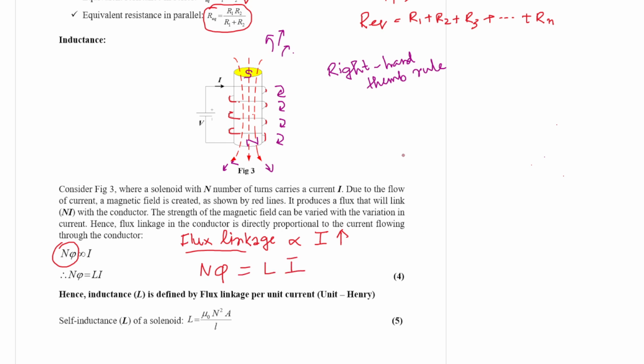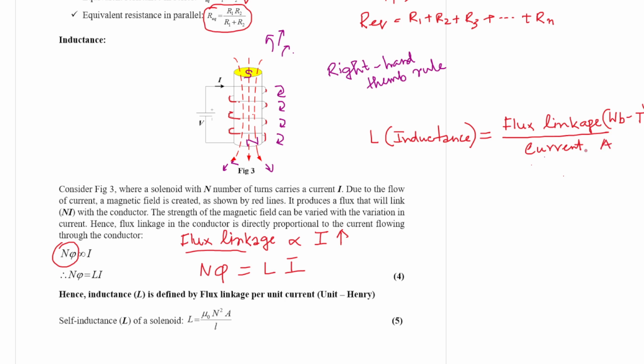So inductance is basically defined by flux linkage per current. The unit of flux linkage is Weber turn and the current is in ampere, and the most practical way of representing inductance is in Henry.